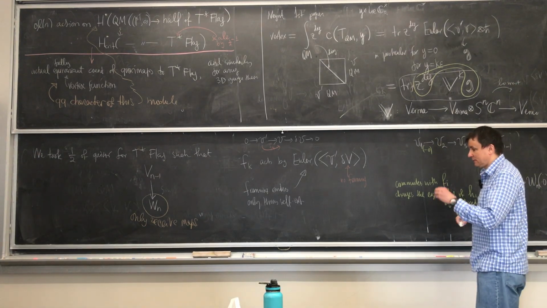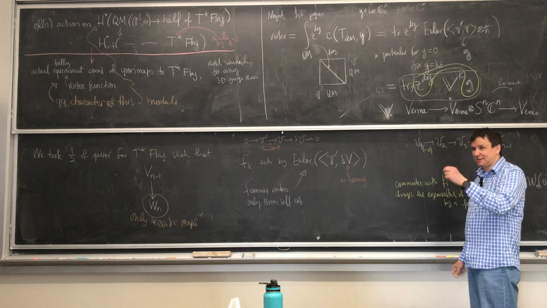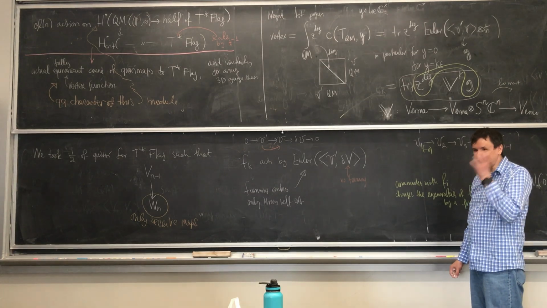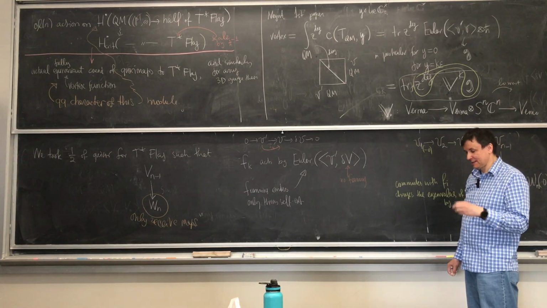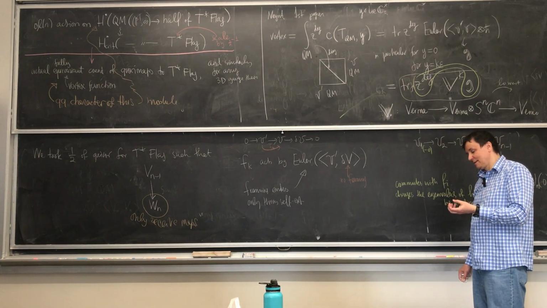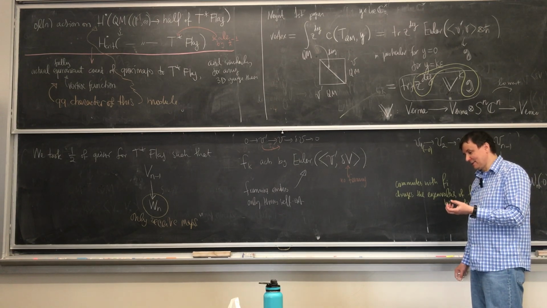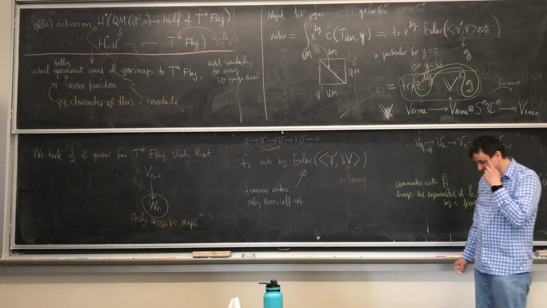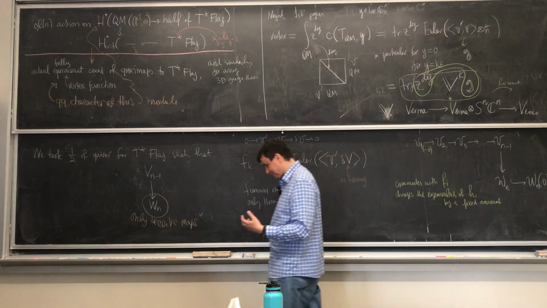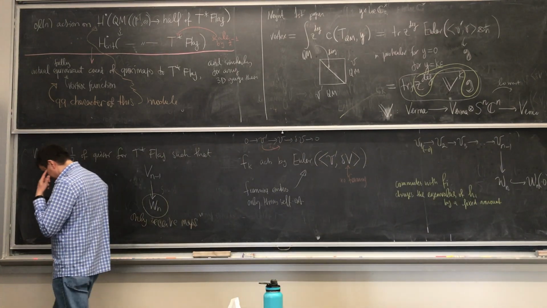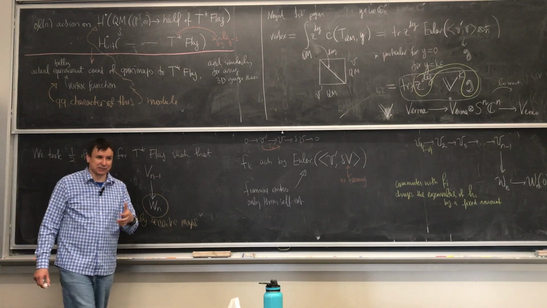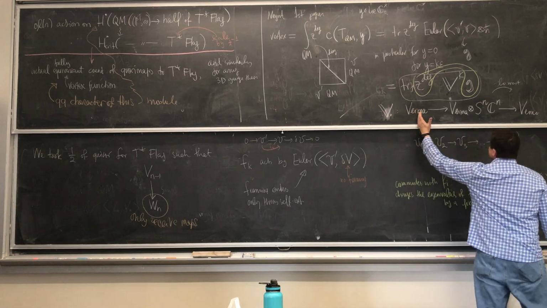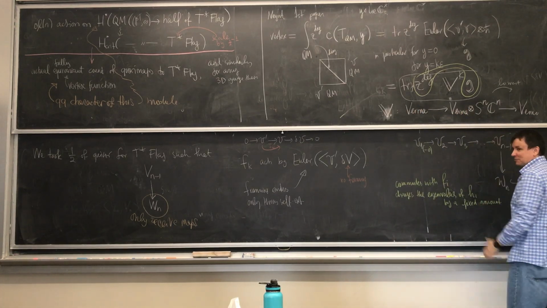So if you have one operator, this will generate many others by action of your group, right? So this will generate some space of operators, right? And so if you have a space of operators, that's equivalent to saying I have a map from my space to another space tensor some auxiliary space.